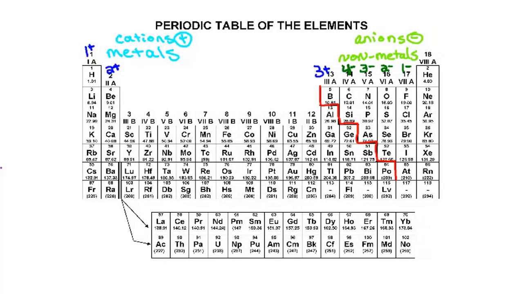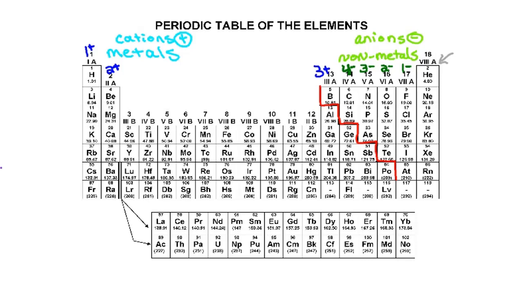Okay, so far we've gone through writing the formula and the names for ionic compounds, but we've just been using the A groups in order to write these ionic compounds.